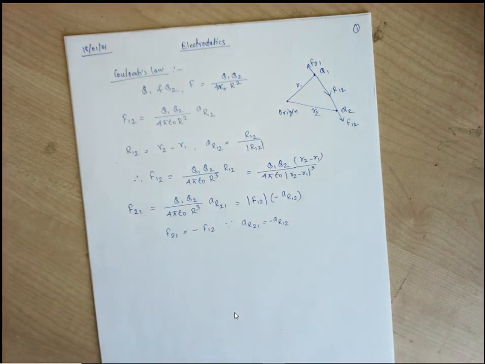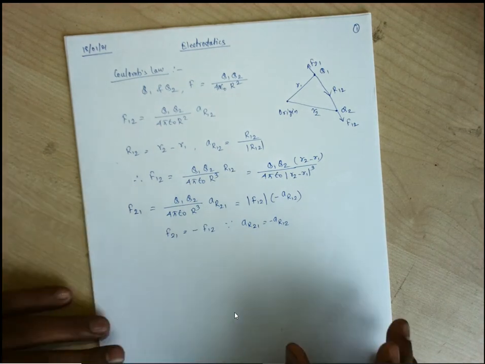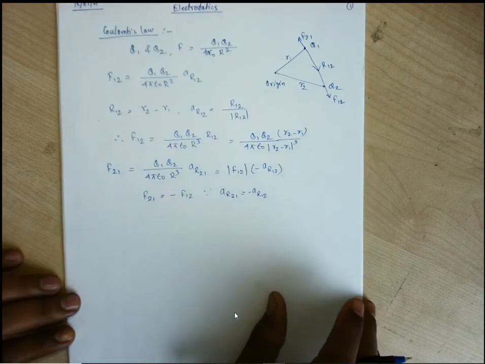We also know that like charges repel each other and unlike charges attract, all those things we know. And again, if there are more than two charges, then we are supposed to take the superposition of all the forces, right?